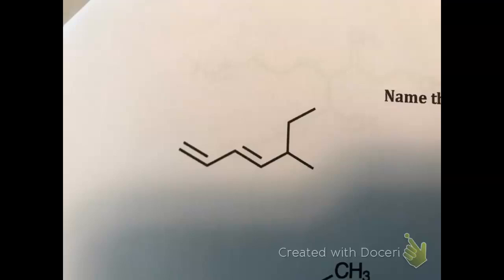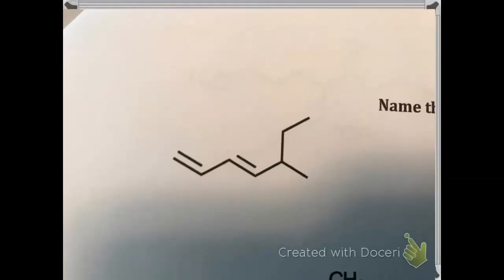As I circle here, I know that this is certainly weird, right? So I have to include these in my parent chain no matter what I do. And now I come to this dividing line, and I'm going to choose the path that gives me the most carbons. So this is the longest carbon chain that includes all the weirdness.